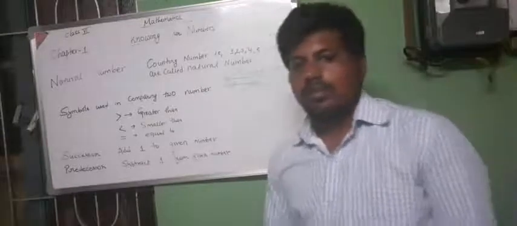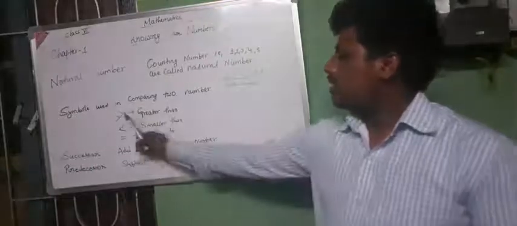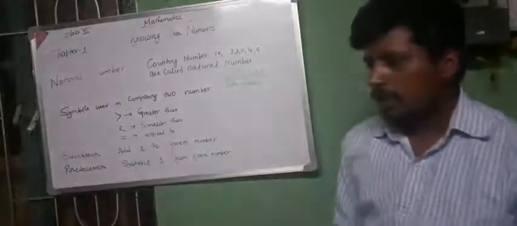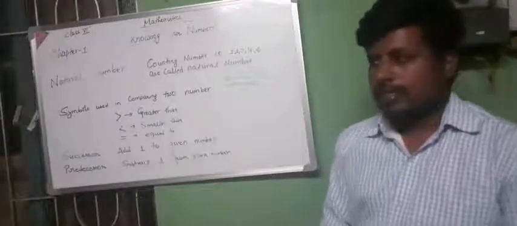The next part is symbols used in comparing two numbers. There are different symbols we use while comparing two numbers. This denotes greater, this sign denotes smaller, and this is for equals to. To understand this, let's take an example: 7 and, on this side, 5. This part is our left and this is our right part.